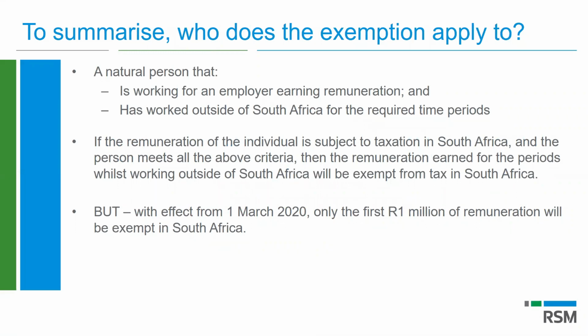Okay, maybe before we come to the confusions, let's just summarize. Who does this exemption apply to? It is a natural person working for an employer outside of South Africa for the required time periods, and when they meet all these criteria, the income earned will be exempt in South Africa. But with the new change coming in from 1 March 2020, only the first 1 million rand worth of remuneration will be exempt.